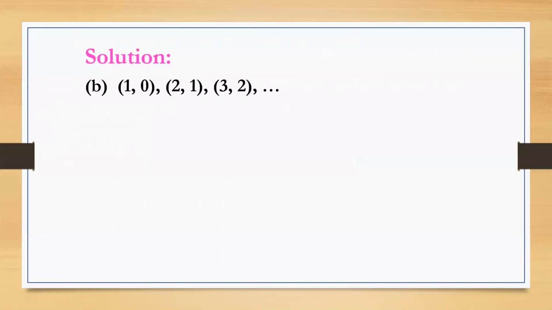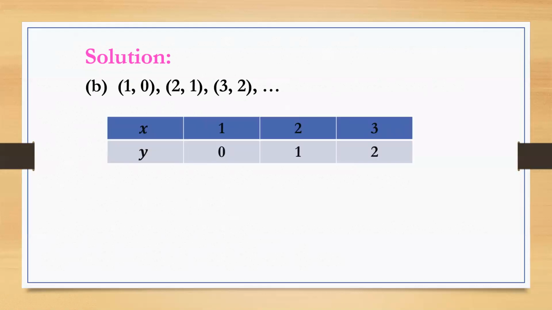The second part: (1, 0), (2, 1), (3, 2). Again, I will represent the X and Y values in a table. So X has values 1, 2, 3. Y has values 0, 1, 2. Can you try to see what is happening between the X and Y values in each case?